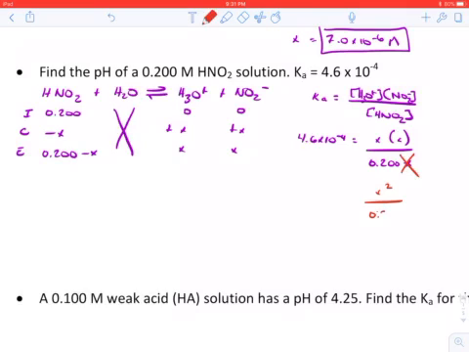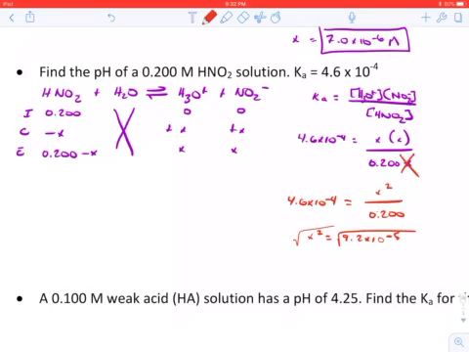So we've got X squared over 0.2 is equal to 4.6 times 10 to the negative fourth. To solve here, we're going to take 4.6 times 10 to the negative fourth and multiply that by 0.2. We get X squared equals 9.2 times 10 to the negative fifth.